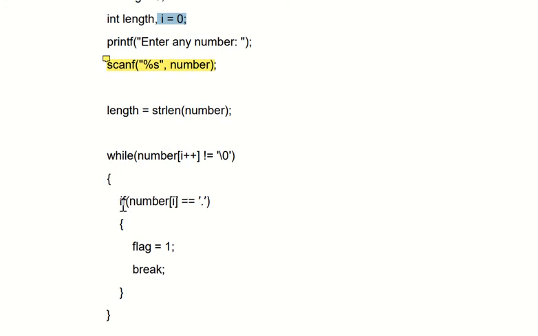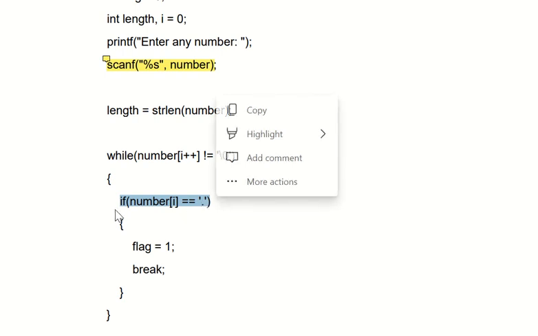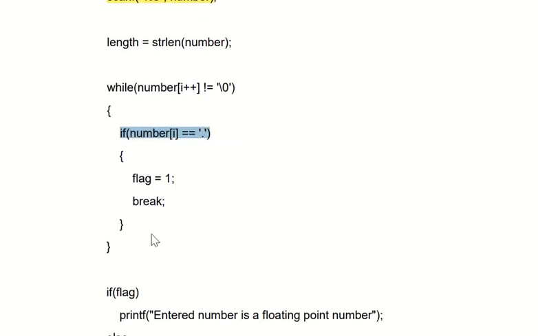Inside the while loop we have one condition using an if statement: if number of i equal to dot, because we are checking for decimal. If it is equal to dot, then we can say flag equal to 1, and immediately we will break, means immediately we will come out from this while loop. But right now obviously it is not the dot, so the condition is false and it will not execute these statements.